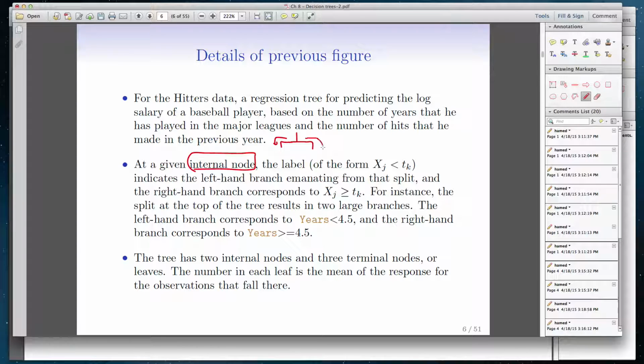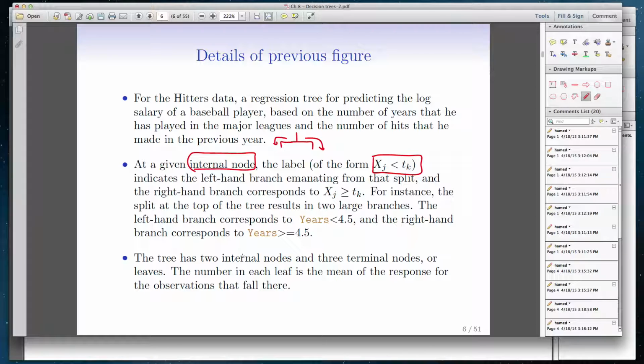The right-hand side represents whenever it doesn't hold. So we have a condition at any internal node. And at last we have terminal nodes, and at each terminal node we have the average of the outcomes of that region, and that's our prediction for that special region.